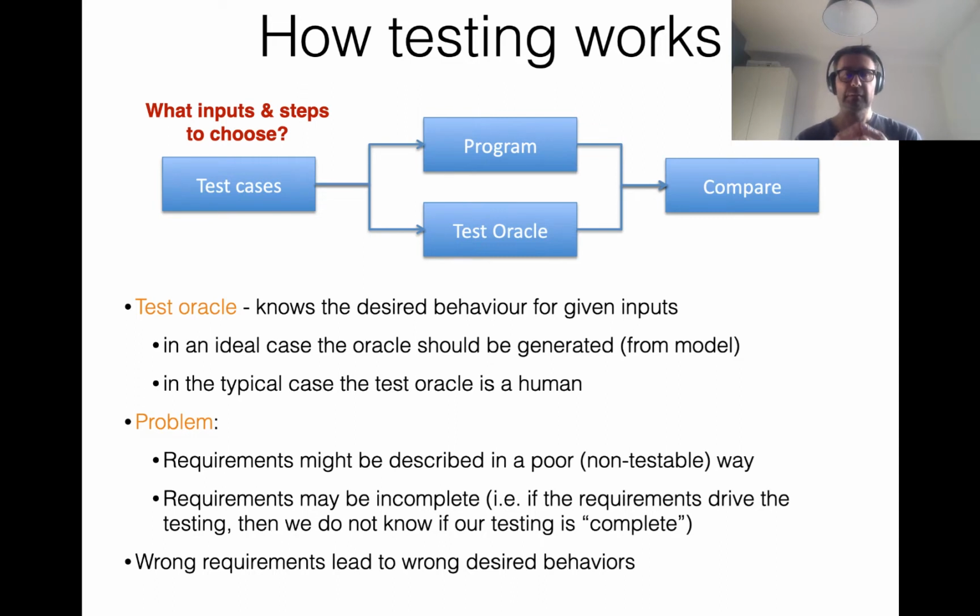The test oracle is about judging if the actual output from the program is correct or not. So we're going to compare the actual values that the program returns to the expected ones that we get from the oracle. So the test oracle is sort of the god. It knows exactly what should happen. So it knows the desired behavior for all given inputs.